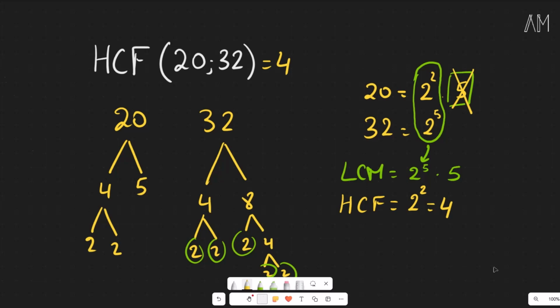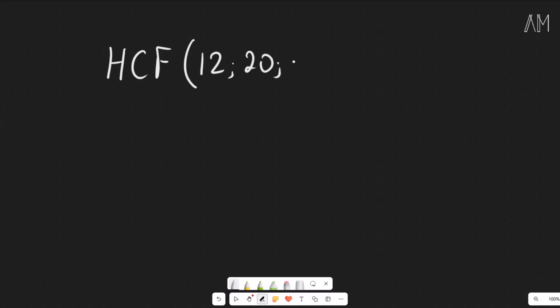Let's take another example. Let's say I want to find the HCF of 12, 20, and 30. Why not? So again, I will have to prime factorize each and every number. So 12 is 4 times 3, which gives me 2 times 2.